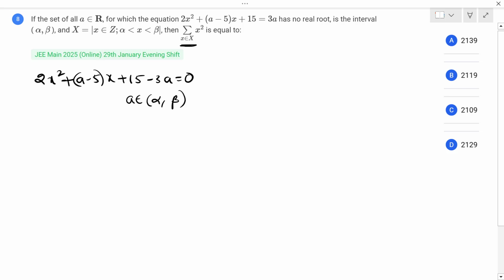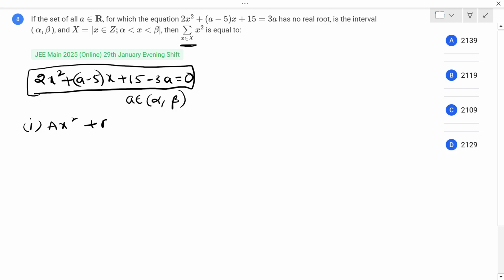Now let's go step by step. The first step towards the answer is, how can I have no real root for this quadratic equation? So let's say if I have a quadratic equation Ax² + Bx + C = 0, how can I not have any real root at all?